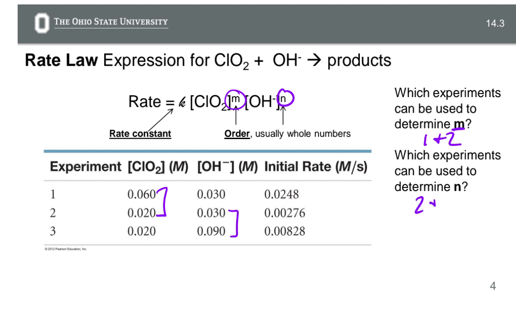So we'll use 2 and 3 to determine N. Sorry, I know I said that backwards, so that was probably confusing. Questions? Okay.